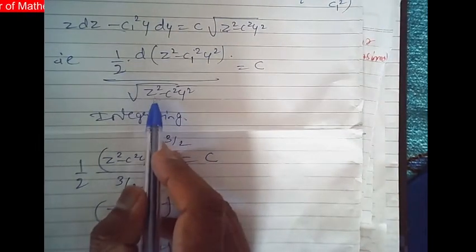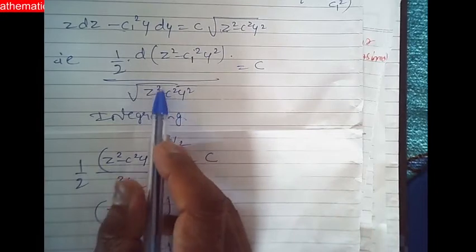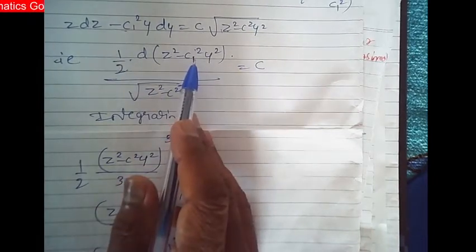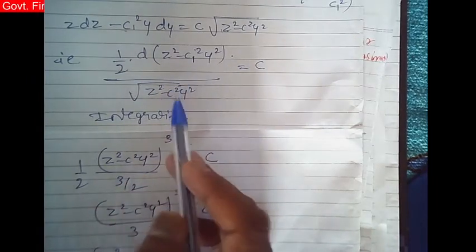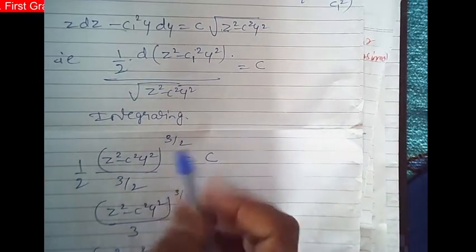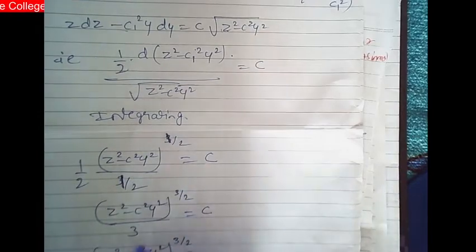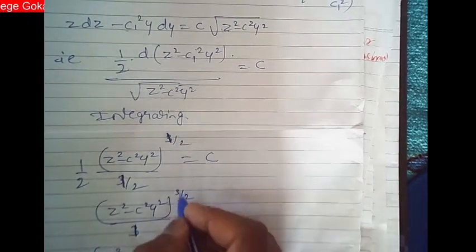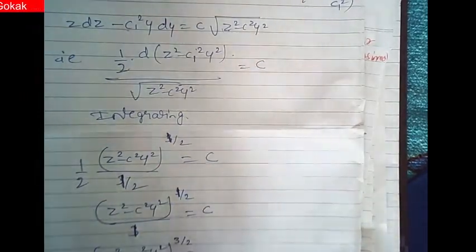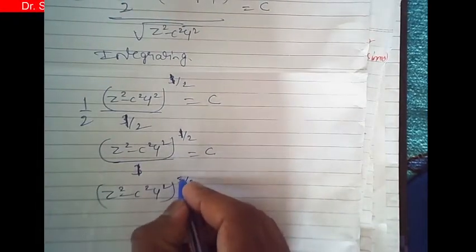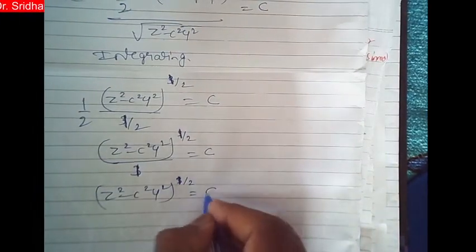So this is z square minus c square y square raised to minus 1 by 2. When it comes in the numerator, it is minus 1 by 2. So n plus 1, so minus 1 by 2 plus 1 is 1 by 2. So this is also 1 by 2, equal to c.